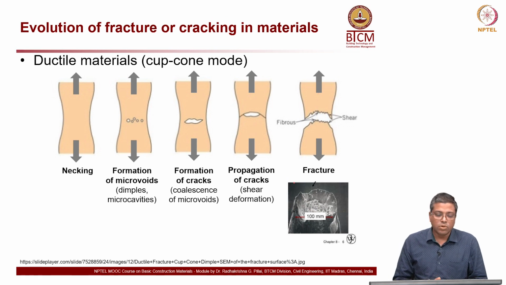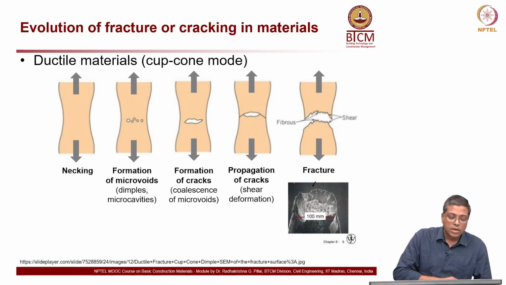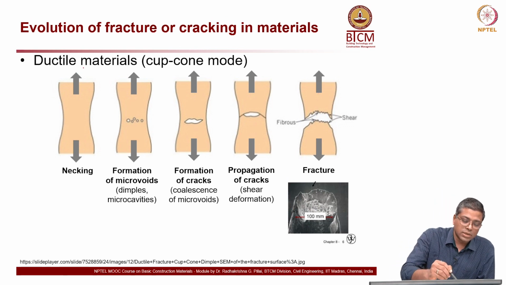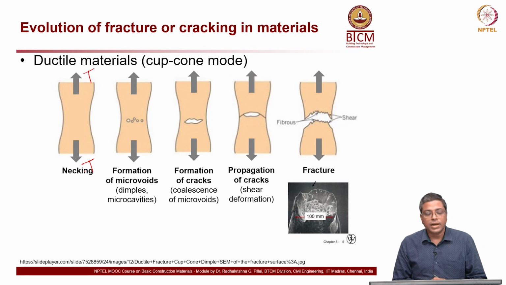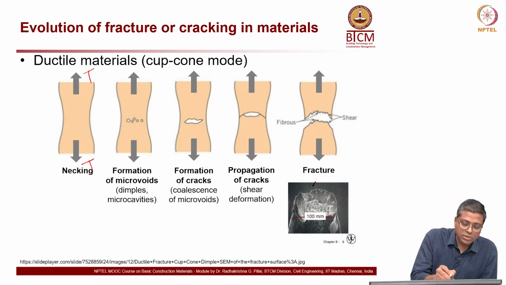For that we will look at what happens when a material is pulled. Let us talk about the example of tensile behavior. You can see on screen these arrows indicate the direction in which the tensile force is acting, and there is a necking which is happening. This is the region which is necking.